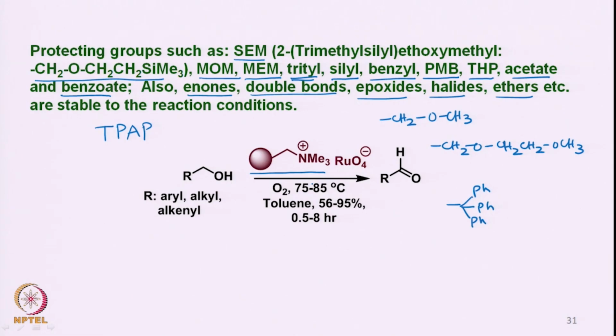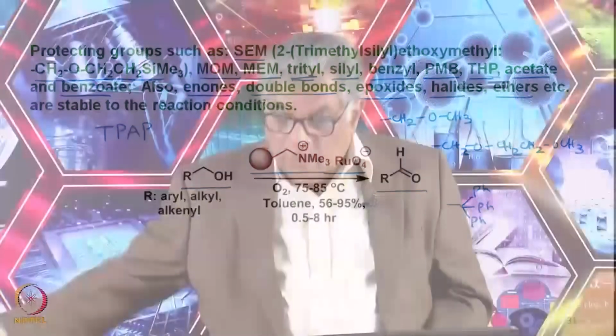Simply filter it off, and the solid phase ruthenium reagent can be reused for the oxidation of alcohols to the corresponding aldehydes. So, this is what relates to the ruthenium tetroxide based oxidizing agents, which were conveniently made useful for various transformations, and of course the introduction of TPAP as a mild and selective oxidizing agent.